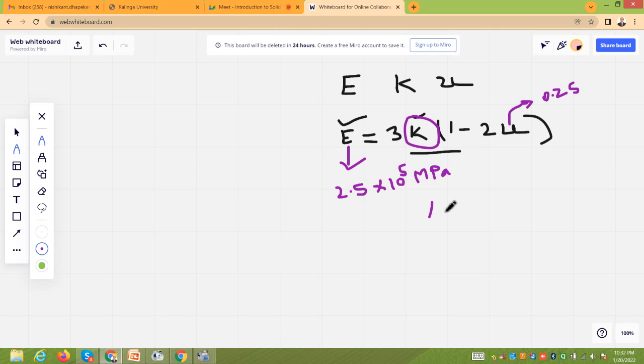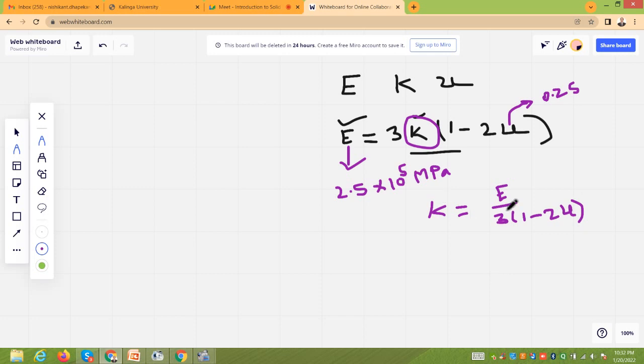So the bulk modulus of elasticity K will be equal to E upon 3 times (1 minus 2 mu). So please calculate and tell me the value.